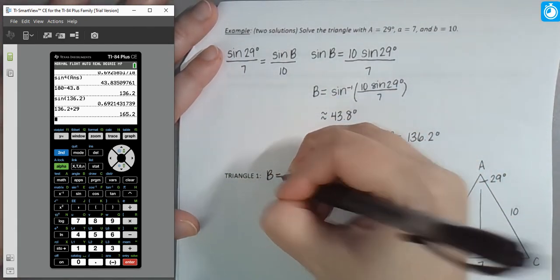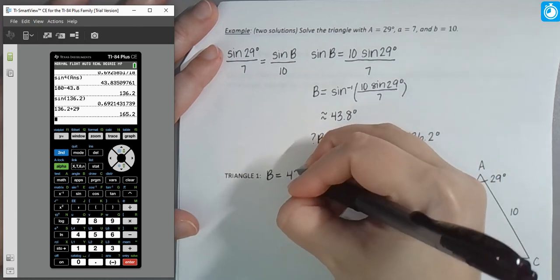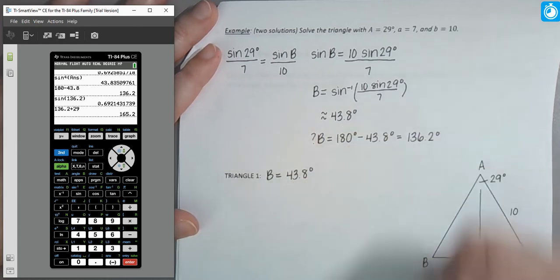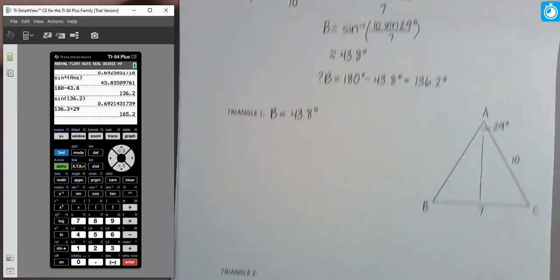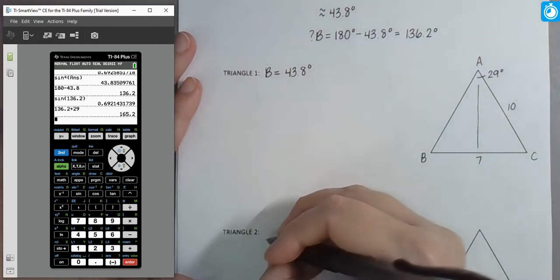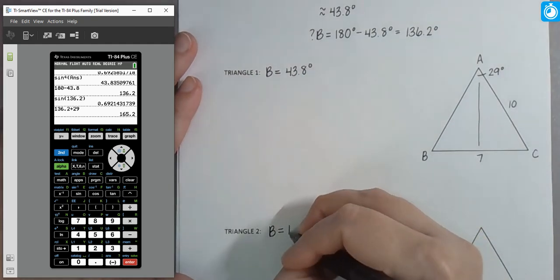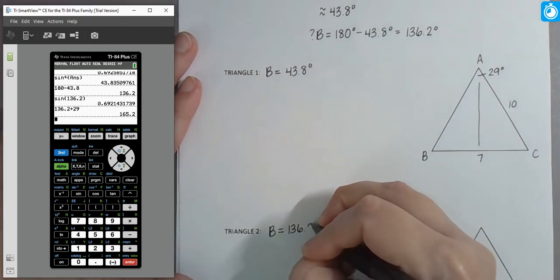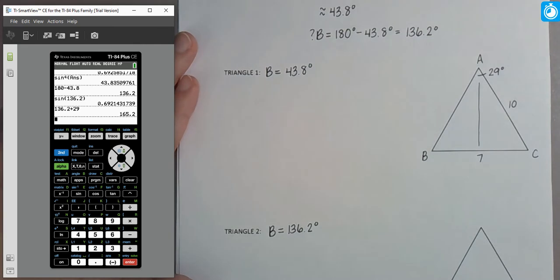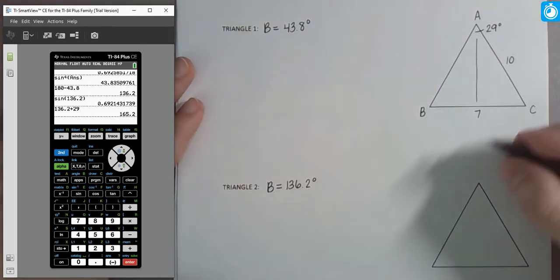So for triangle 1, we allow B to be the acute angle, the one we got from the inverse sine function. For triangle 2, we evaluate the additional values using the obtuse value for B, which means we need to label another triangle.